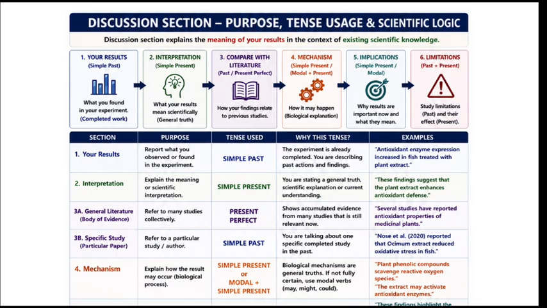So the reason why we compare with existing literature is, one reason, to say that our results are not isolated. That means there is already a body of knowledge that our results belong to, and we are trying to explain that to the readers. So that is the reason why we compare.